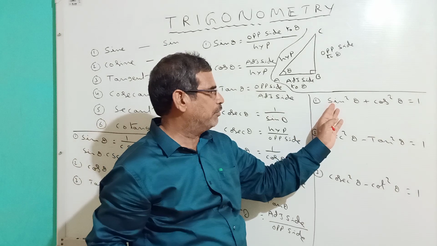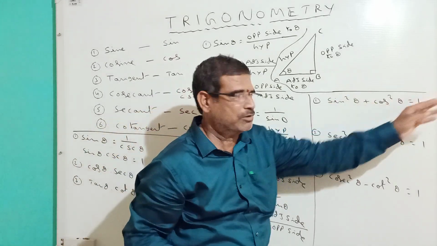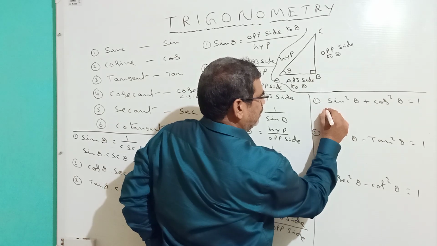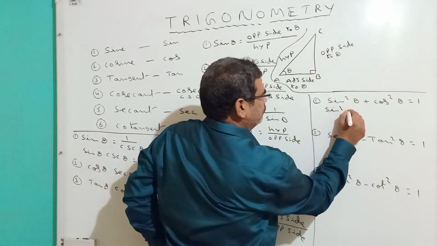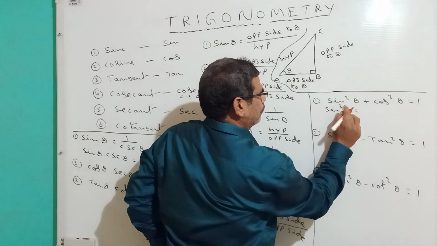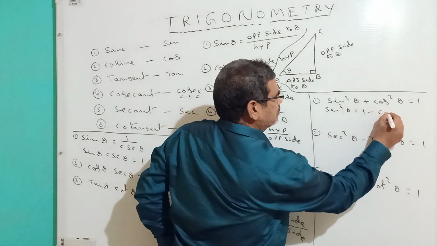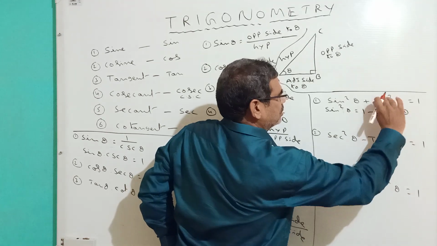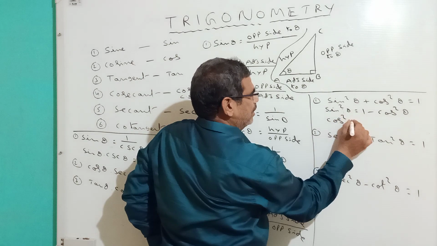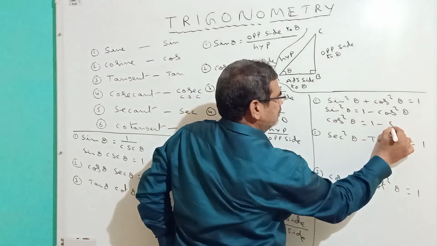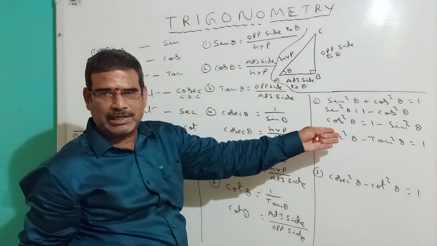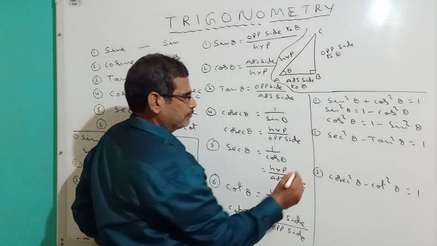If you know this one, sin square theta plus cos square theta is equal to 1, then we can frame another two formulas also. What are they? Sin square theta is equal to 1 minus cos square theta. This cos square theta will go that side. And in the same way, cos square theta is equal to 1 minus sin square theta. In the same way here also, another two will come.